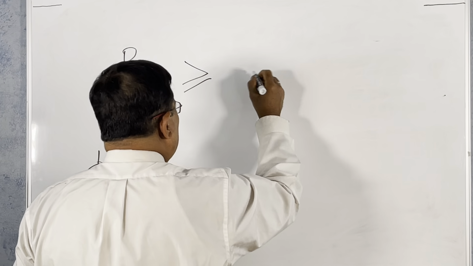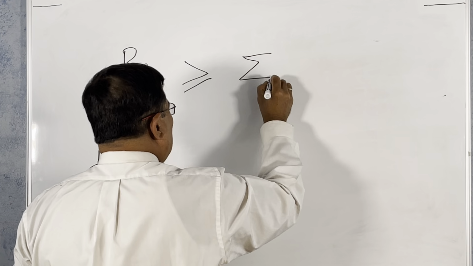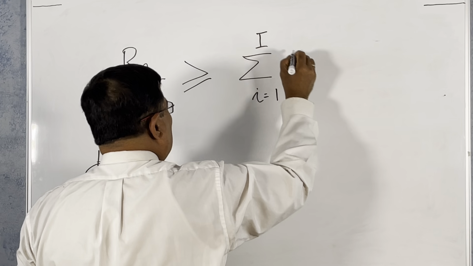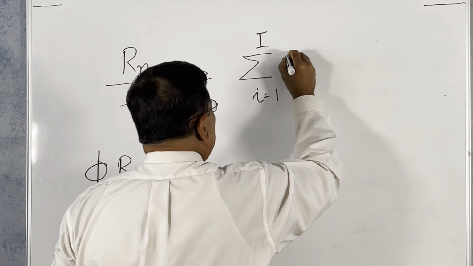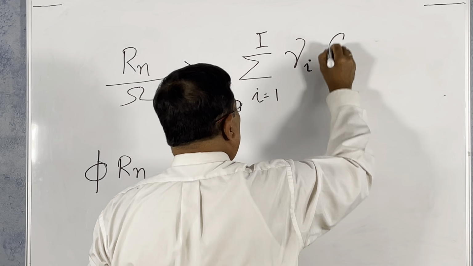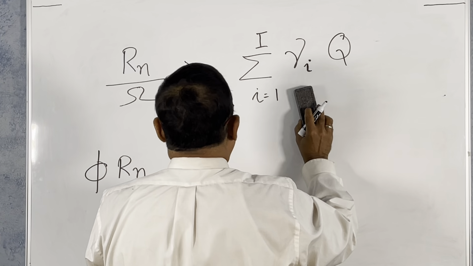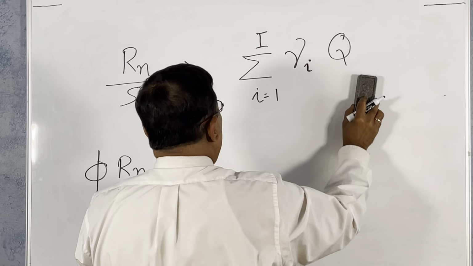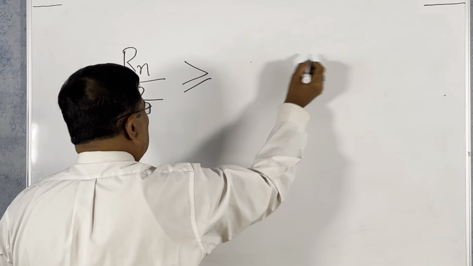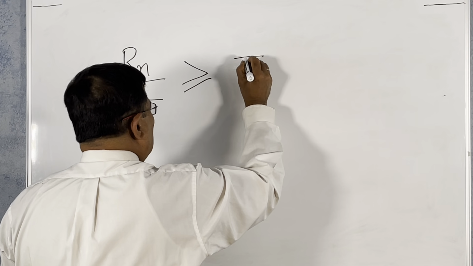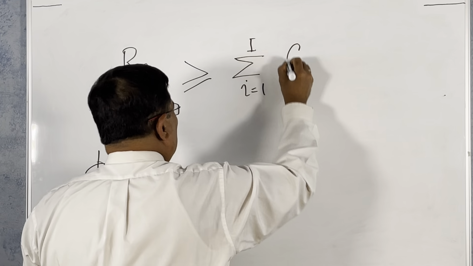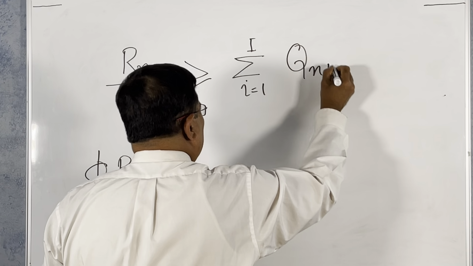It is something like that: the sum for i equal to 1 to n of gamma i Q i.